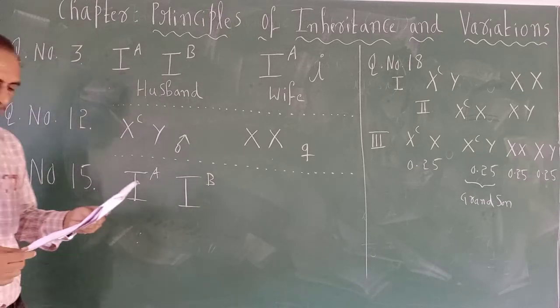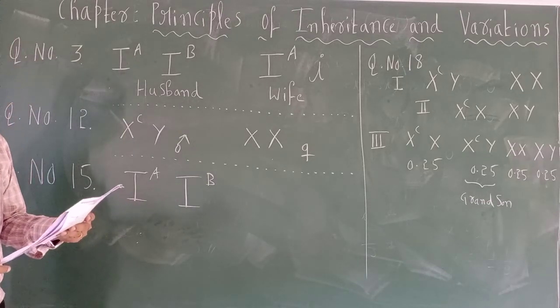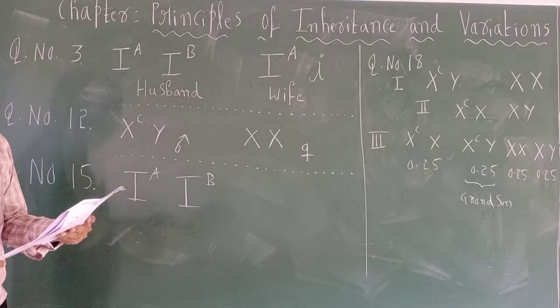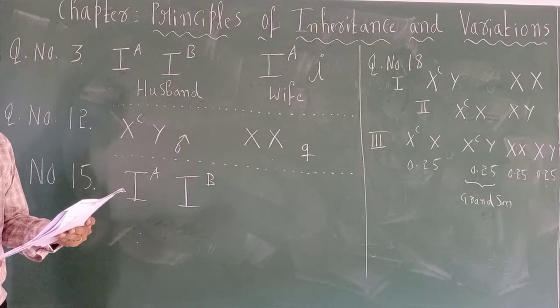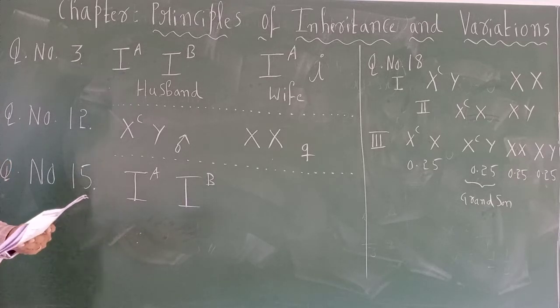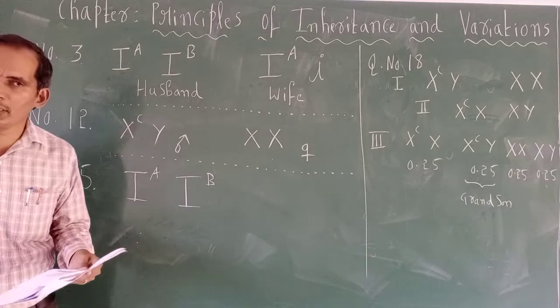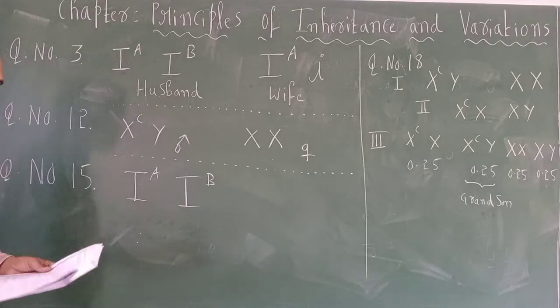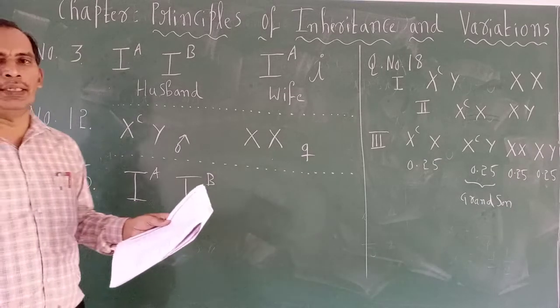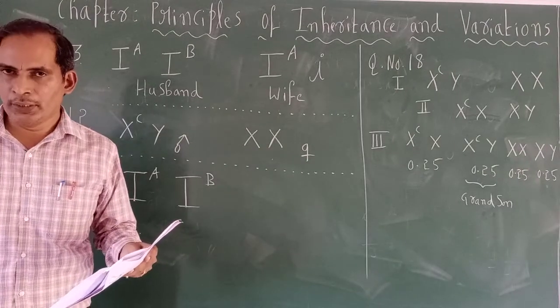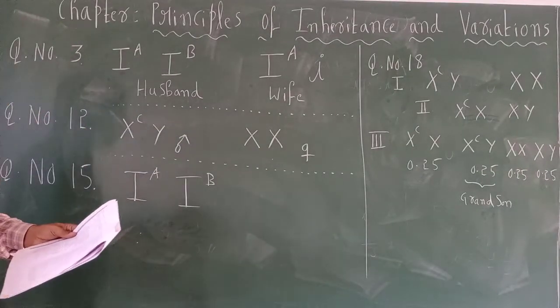Okay. Next question, the 26th question. If both parents are carriers for thalassemia, which is an autosomal recessive disorder, what are the chances of pregnancy resulting in an affected child? Okay, so what is given in the question? Both the parents are carriers for thalassemia. Thalassemia is an autosomal recessive gene disorder, and both the parents are carriers.